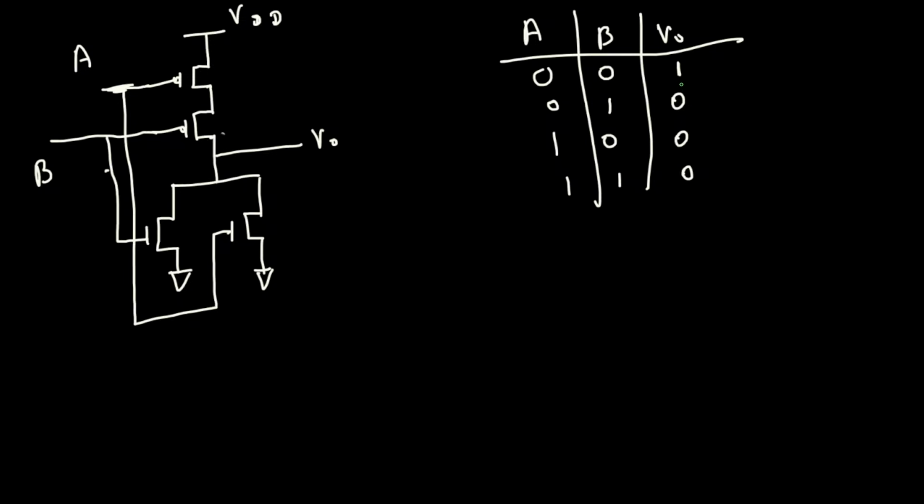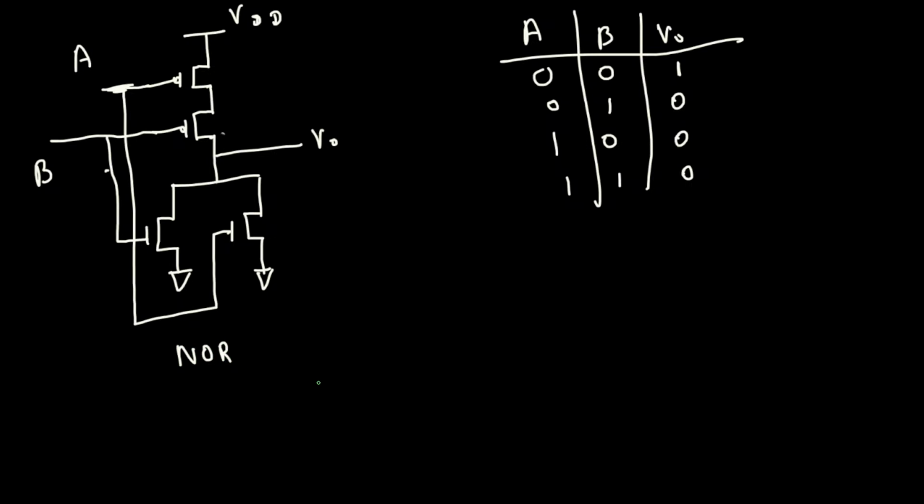So this is the NOR gate. In the OR gate, if you have a 1, it's turned on, like addition: 0 plus 1 is 1, 1 plus 0 is 1, and 1 plus 1 is also 1. Not really addition, but whenever you have a 1, the output is going to be 1. That's the OR gate behavior. But this is exactly the opposite of it. So you can see this is a NOR gate.